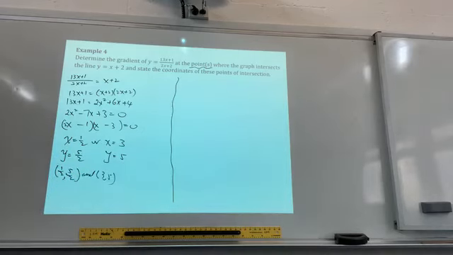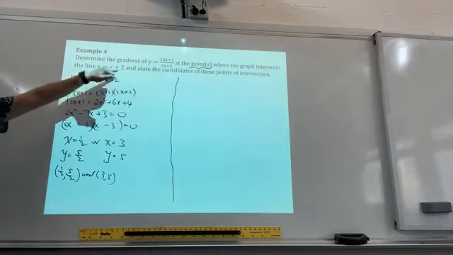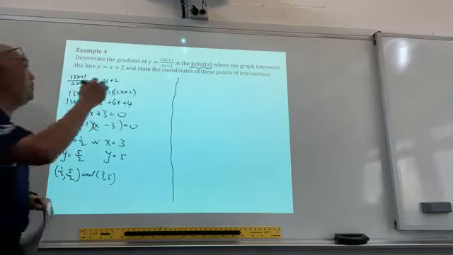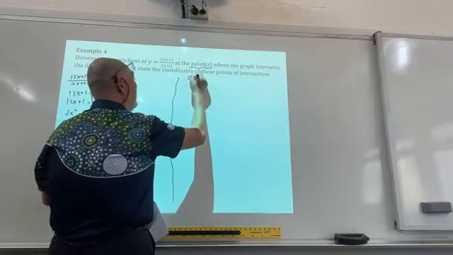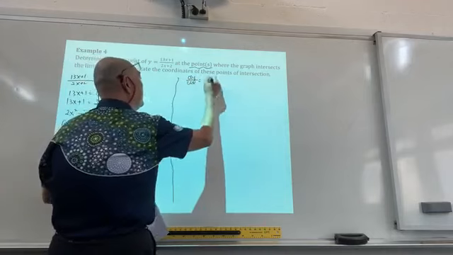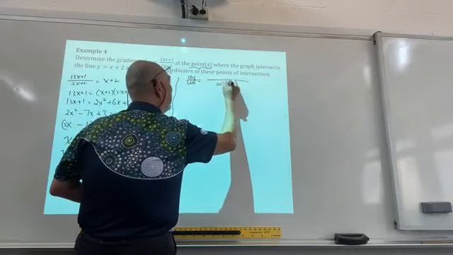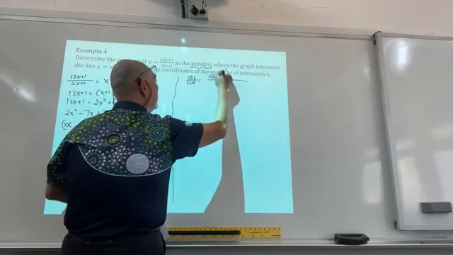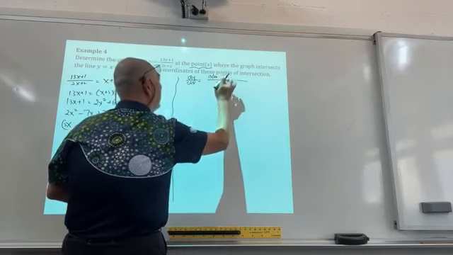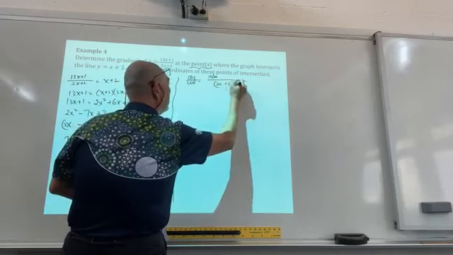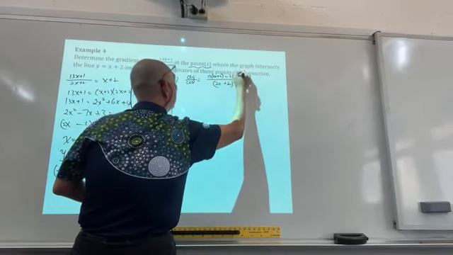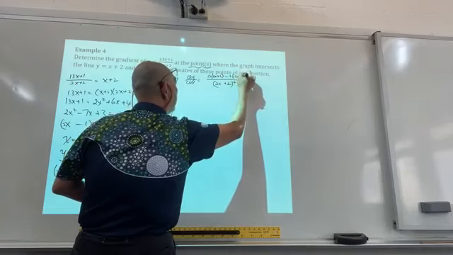All right? Now always use the linear to make life a little bit easier. So now you can find your dy over dx, which is 13 times 2x plus 2, all squared, minus 2 times 13x plus 1.